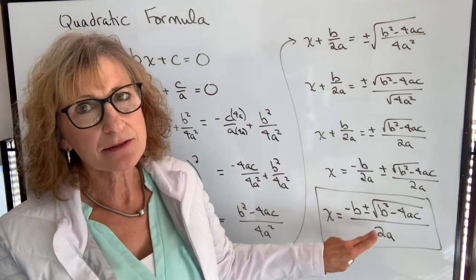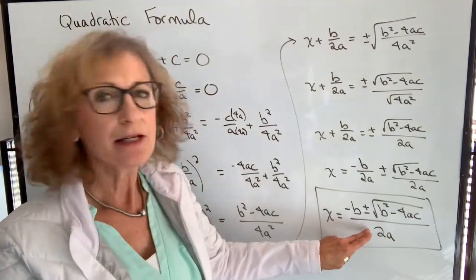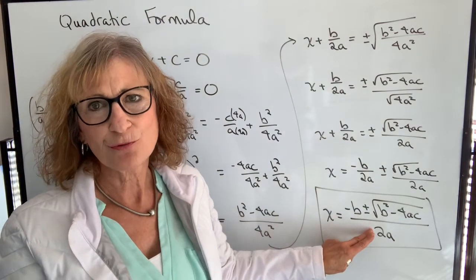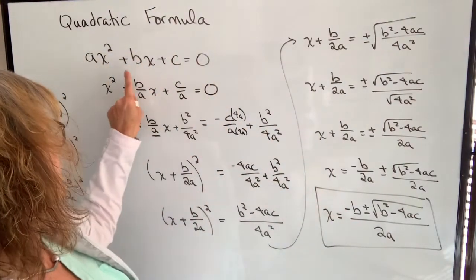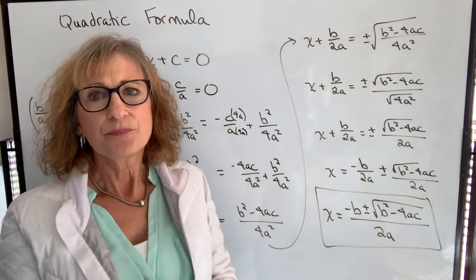And the solution that I obtain for x is what we use for the quadratic formula. This is called the quadratic formula. We can use it on any quadratic equation.